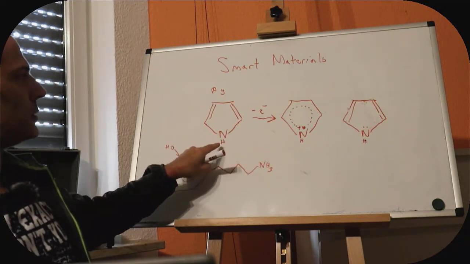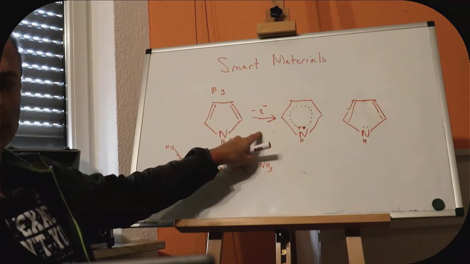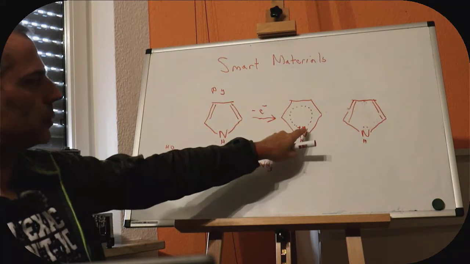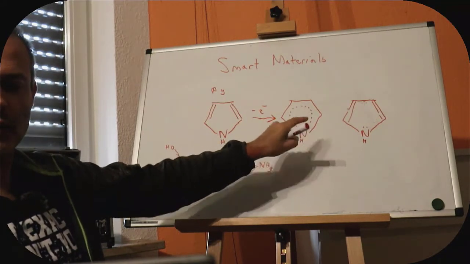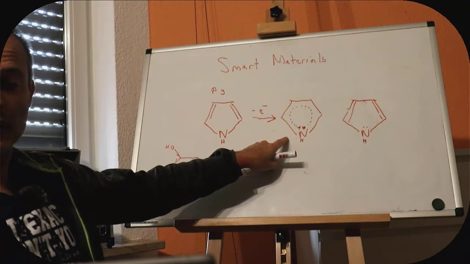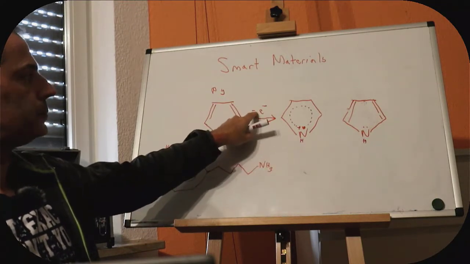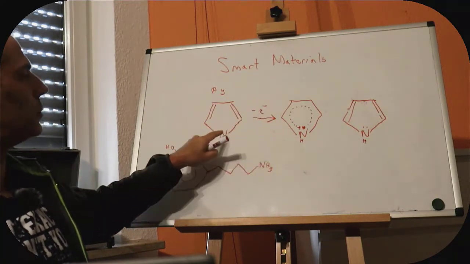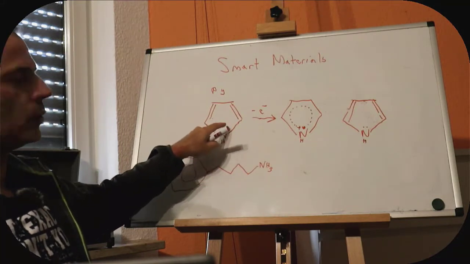So what happens is the pyrrole can become oxidized. It becomes oxidized to a radical cation. Oxidation is loss of one electron, so we lose an electron out of these orbitals.